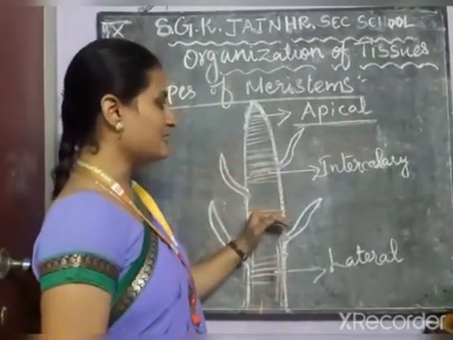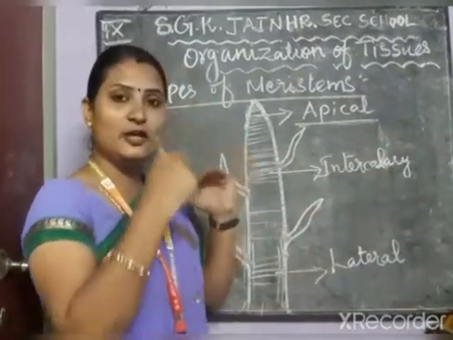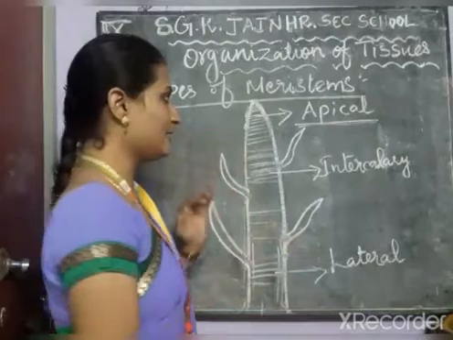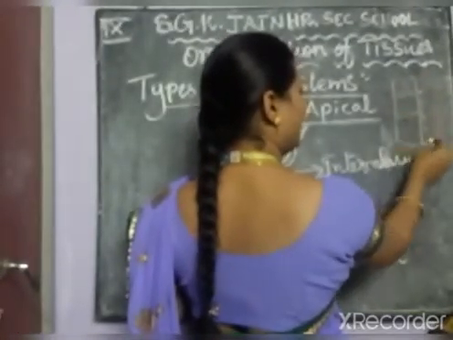And the second one is intercalary meristematic tissues. It is present in between the two nodes. If you take the sugar cane, it has these partitions.